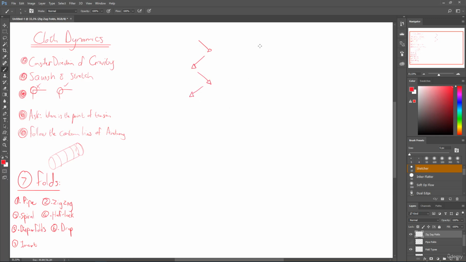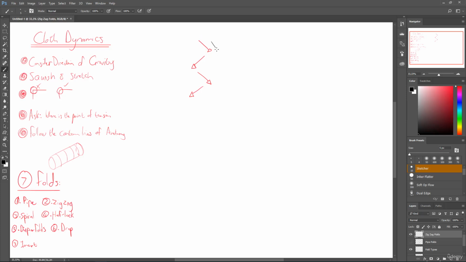Where you would use these types of folds, as you'll see when we get into some demos, is generally at the ends of sleeves, long sleeves, as they come down to the wrist area. You may also want to use them where fabric's compressing, like pants compressing down against shoes, for example. And anywhere you feel that the fabric would be compressing in such a way as to create this effect. It's a medium amount of compression that would cause a zigzag effect.